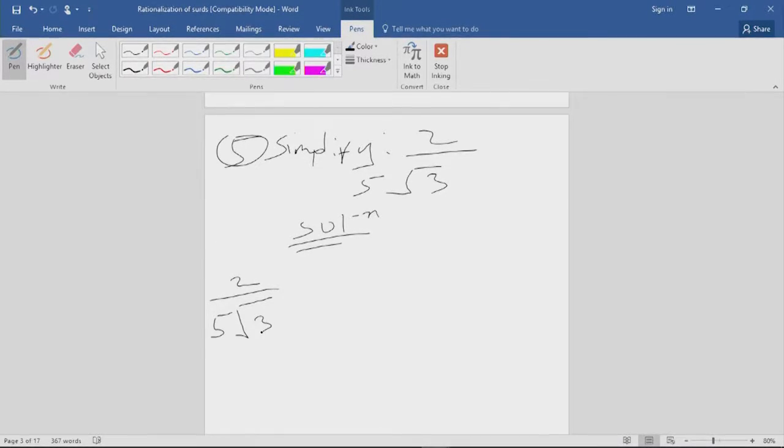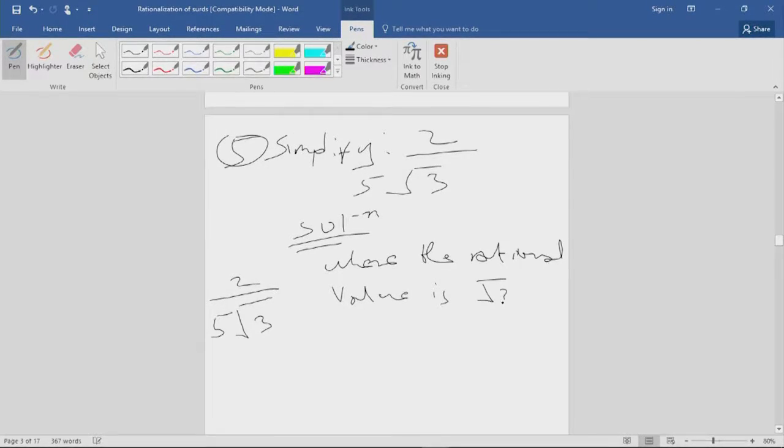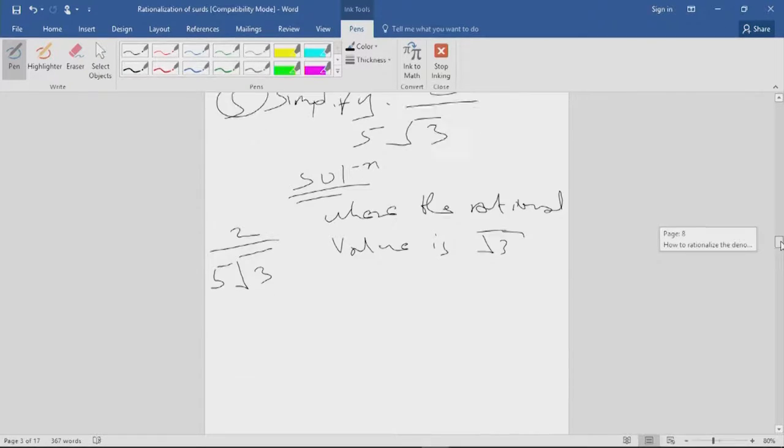Is that so? The rational value that we are going to use to multiply is root 3. Okay, root 3 will be our rational value.